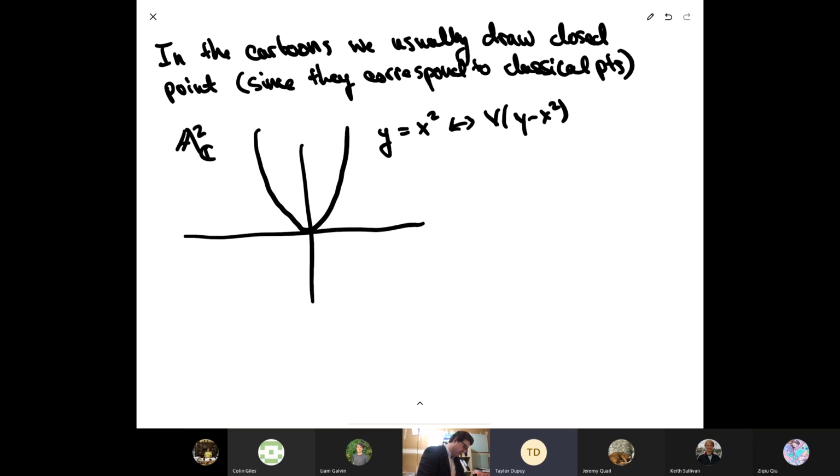This corresponds to a prime ideal in A^2, but it's not a closed point.